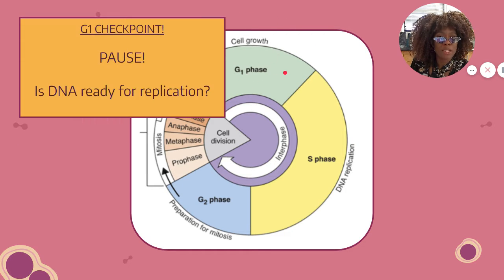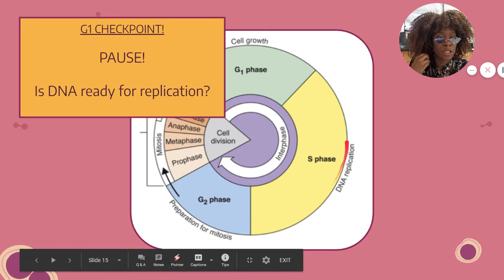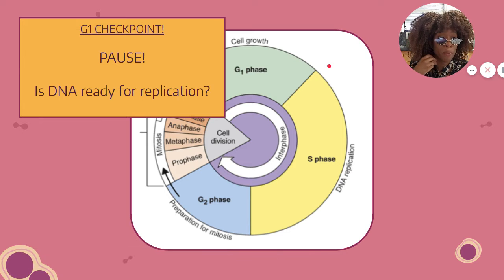The next phase is going to be a G1 checkpoint, right? Because our next phase, as you can see, is where DNA replication is. But before the cell can go out of G1 and into the next phase, there's a checkpoint. That checkpoint is basically where the cell is looking at itself, and it's like, is DNA actually ready for replication? Is it ready?